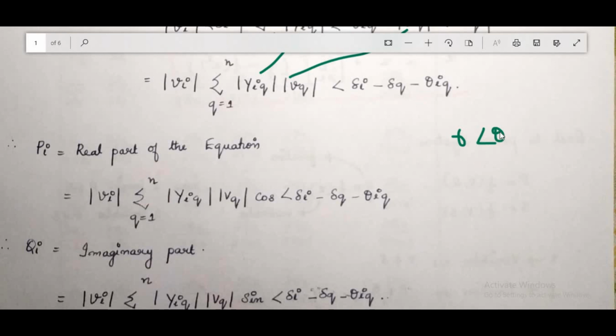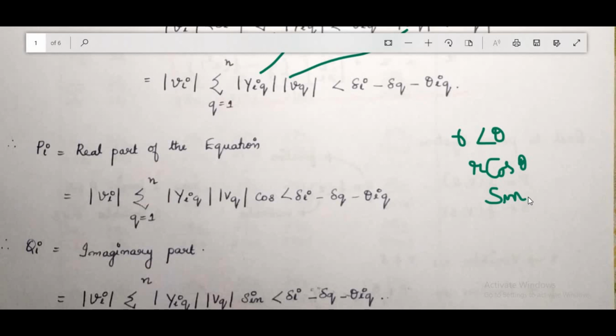If you got an equation like R angle theta, what is its real part? What is its imaginary part? The real part is R cos theta.